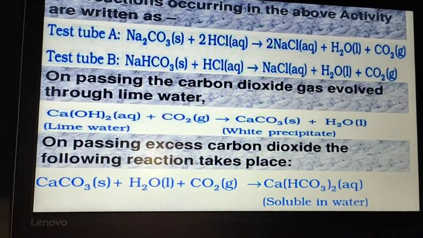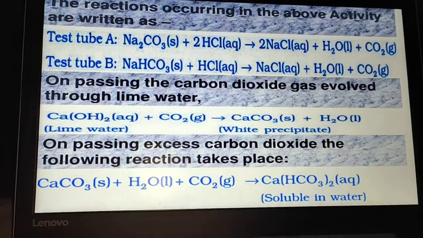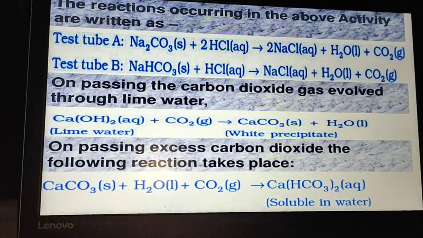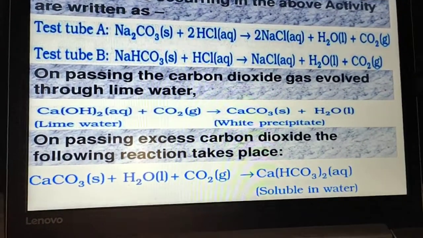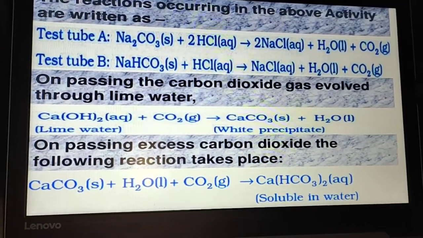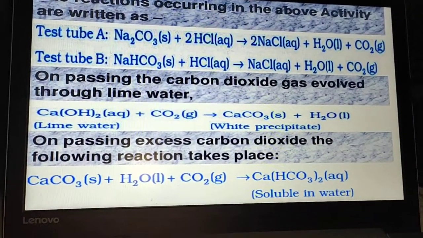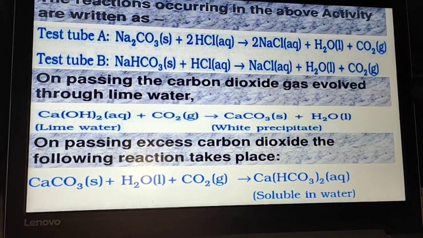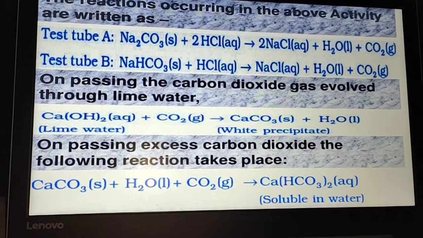On passing the carbon dioxide gas evolved through the lime water, here we are detecting the presence of CO2. So when you are adding lime water, that is calcium hydroxide, to CO2, you get a white precipitate, CaCO3, plus H2O. On passing excess carbon dioxide, the following reaction takes place.